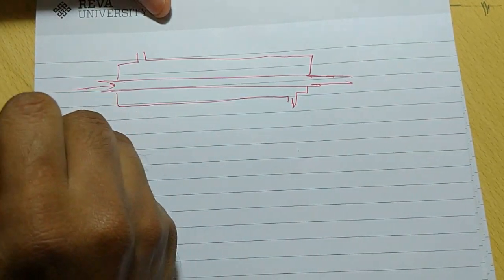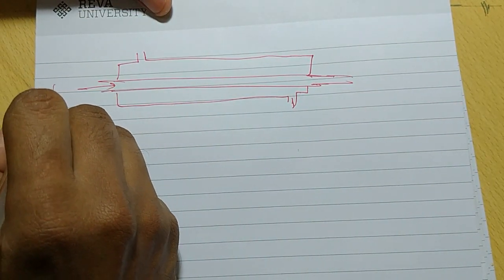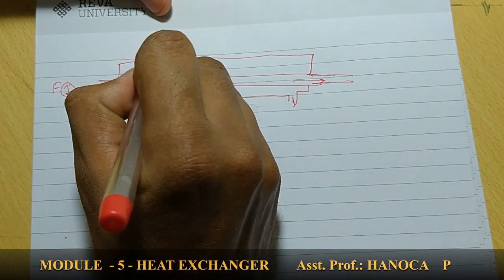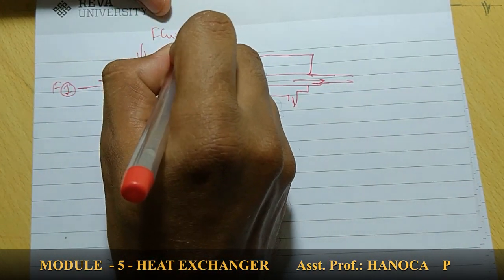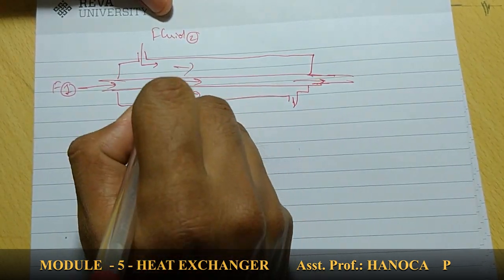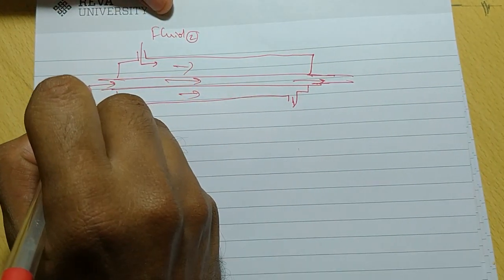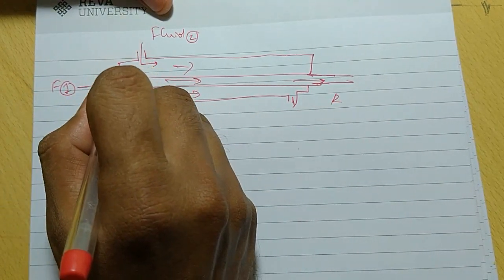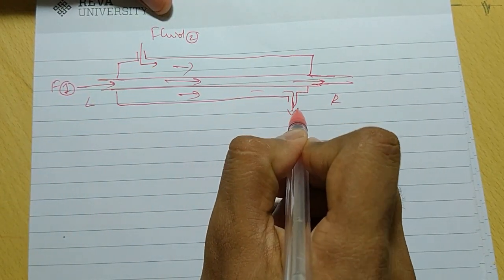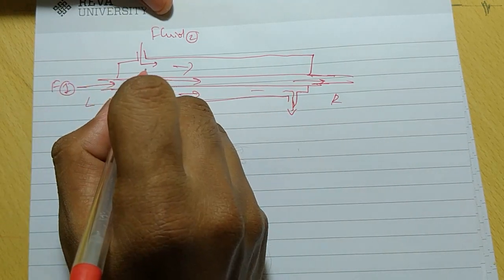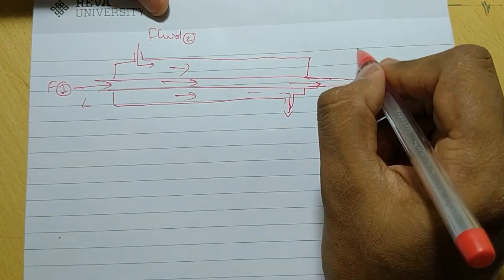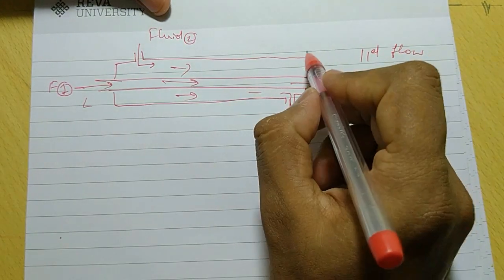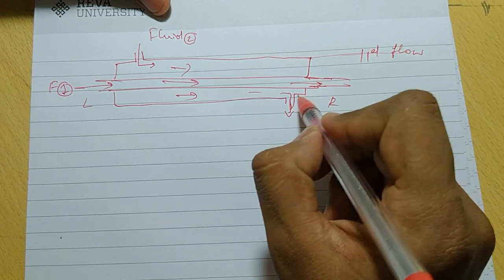In the inside pipe, one fluid is passing, fluid 1. In the outside, another fluid is passing, fluid 2. You see that fluid 1 is passing from left to right. In the same way, fluid 2 is also passing from left to right. If both fluids are moving in the same direction, that one you call a parallel flow heat exchanger.